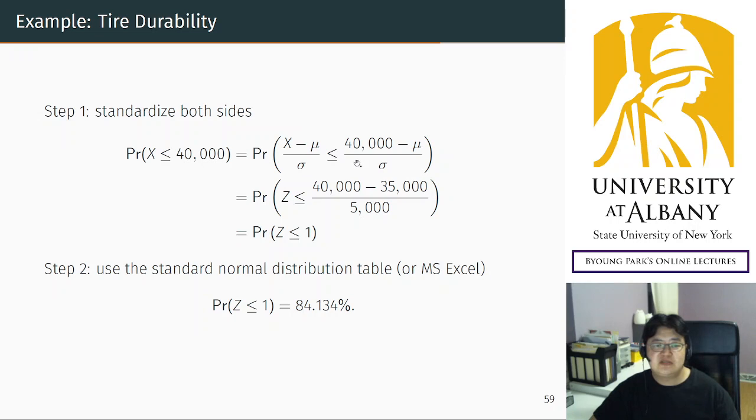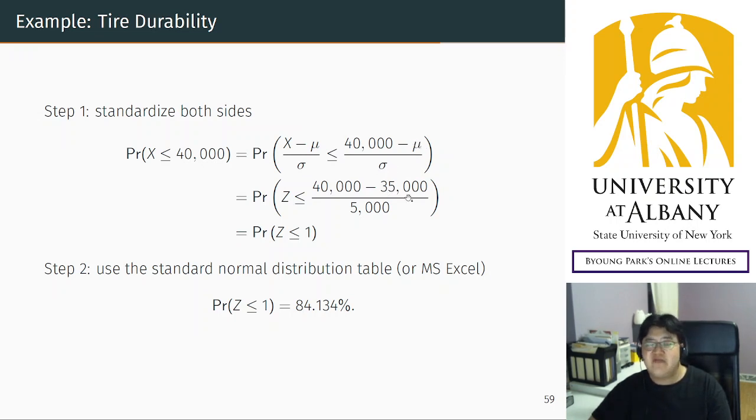This is what you need to do on the other side, and you know these values. First, the left-hand side, x minus mu over sigma, will be simply written as z because it is now standard normal distribution.